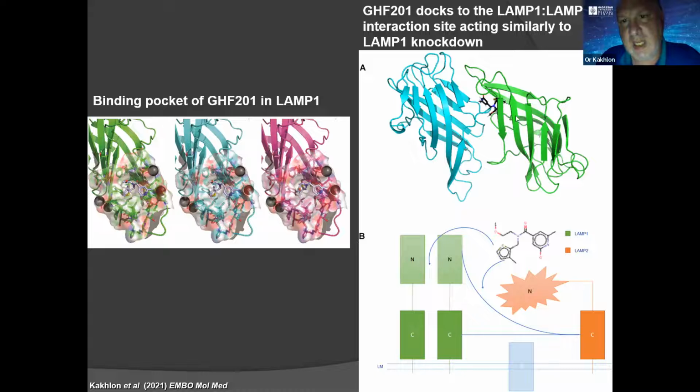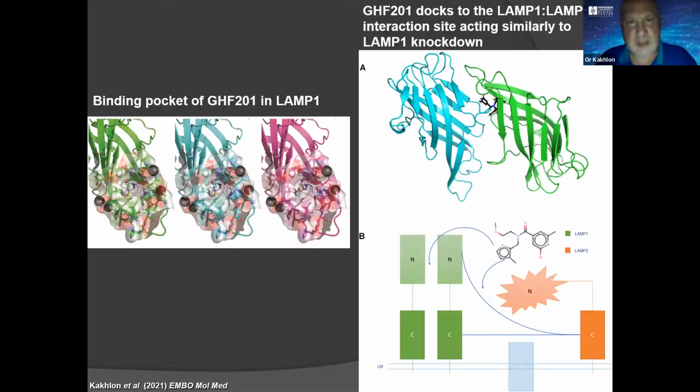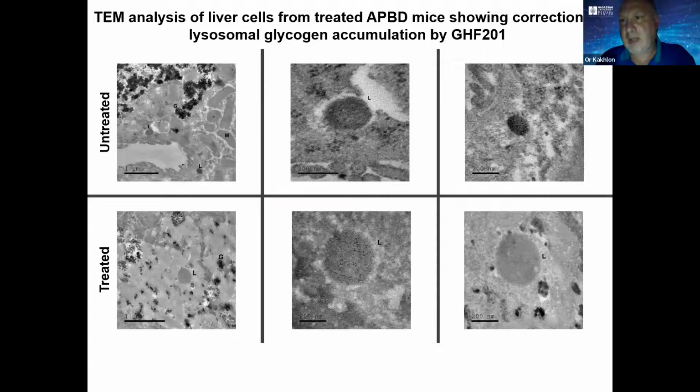And we have this model, this simulation, which positions GHF201 between two adjacent LAMP1 molecules, and it actually dilutes LAMP1 on the lysosomal membrane. So effectively, this dilution is like decreasing the membrane concentration of LAMP1, okay?